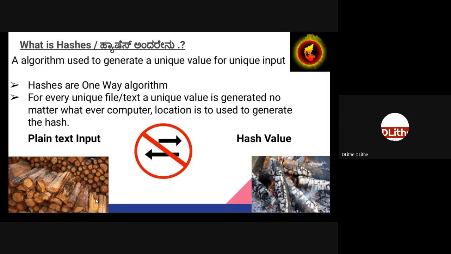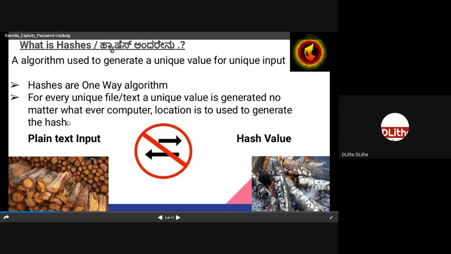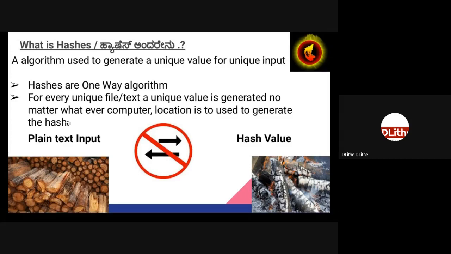Second, hashes are unique. For every unique file or text, a unique hash value is generated. Irrespective of the computer, location, device or tool you use, as long as you have the same input, the hash value will be exactly the same.